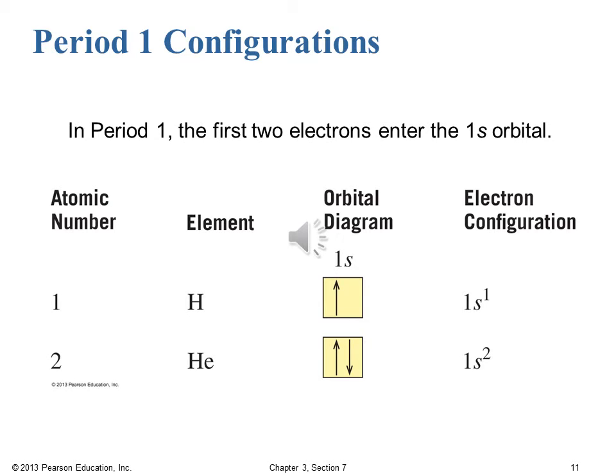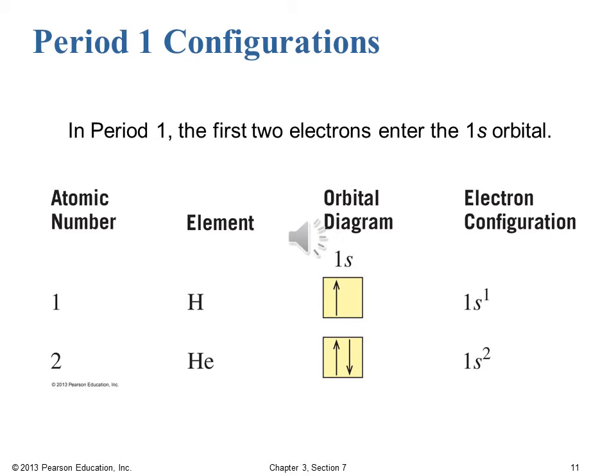So just to review, if we look at the 2 elements in period 1, hydrogen and helium, well, hydrogen's atomic number is 1, meaning it has 1 proton in its nucleus, 1 electron outside the nucleus for a neutral hydrogen atom, therefore an orbital diagram with just a single spin-up arrow to represent an electron in the 1s, or for the electron configuration, that shorthand notation, we would just say 1s1.